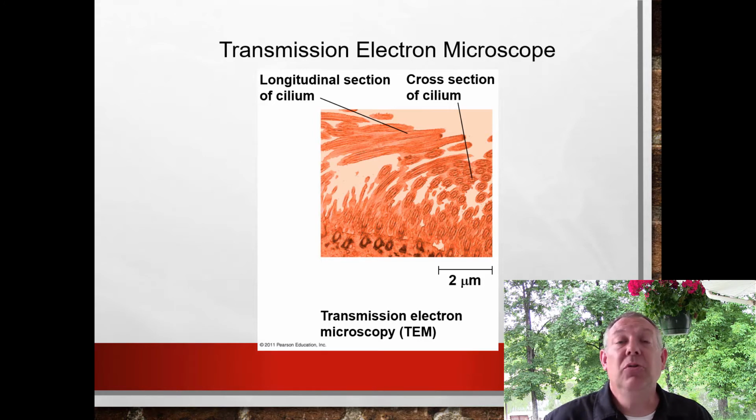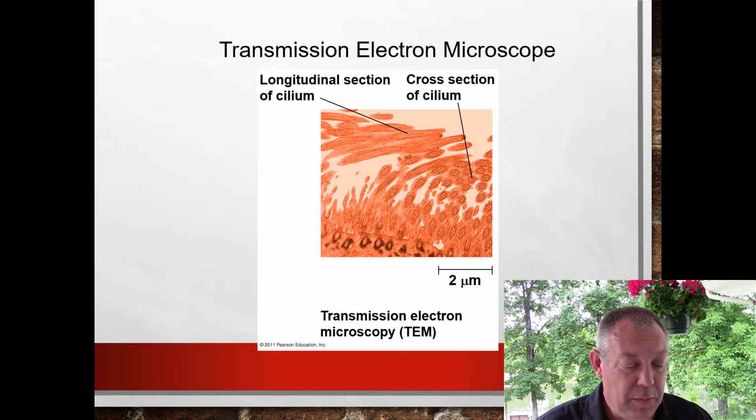But there's basically two types of electron microscopes: the transmission electron microscope and the scanning electron microscope. And they both allow you to see much, much smaller things. And so here's a picture from a transmission electron microscope, and you can see that the scale bar indicates we're in the order of about 2 microns, which is very, very small.